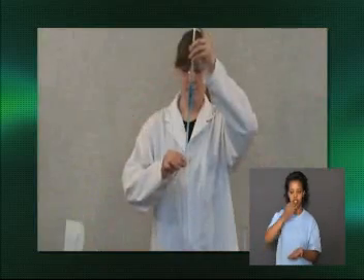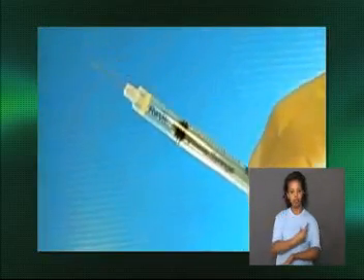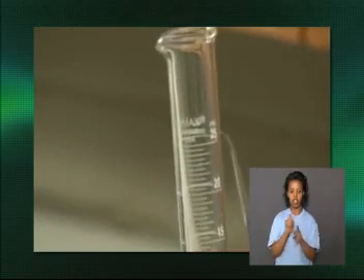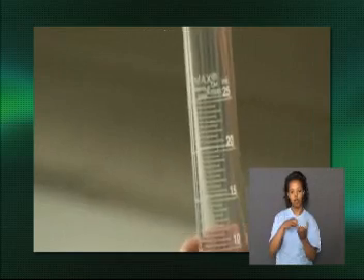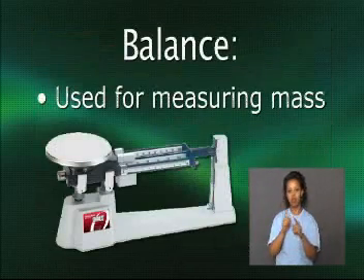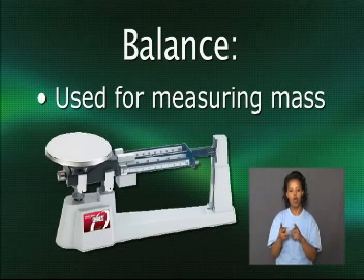Cylinders, pipettes, and syringes are tools utilized for accuracy. They are used for measuring volumes, usually of liquids, but sometimes of gases. Balances are used for measuring mass.